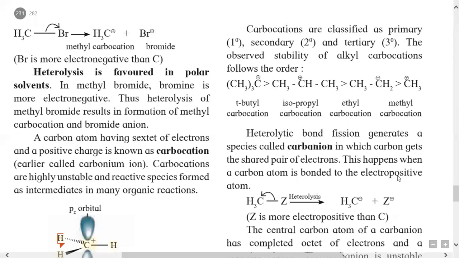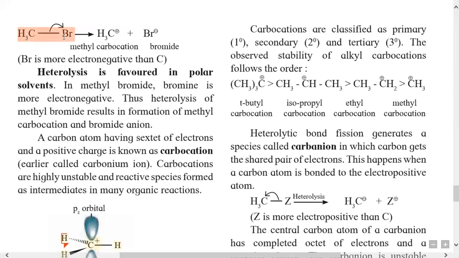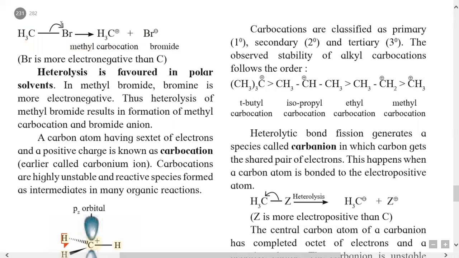Here is one example again. Here the CH3Br is methyl bromide. The bond breaking takes place between carbon and bromine. Here carbon is comparatively electropositive and bromine is comparatively electronegative. So both electrons of this covalent bond go towards the bromine atom, which gives the negatively charged bromide ion, and CH3 positive, which is called a methyl carbocation.